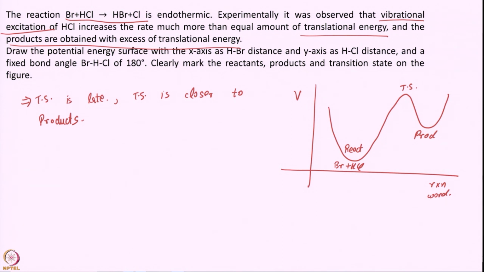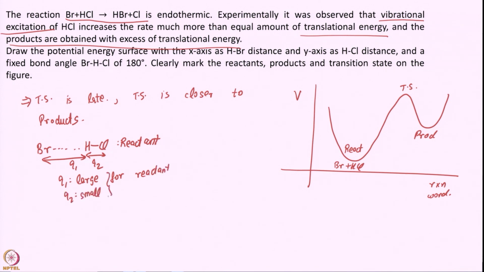Alright. Now, let us make a few more inductions. Our reactant looks like this. What do I gain from this? Q1 is large for the reactant and Q2 is small at the reactant.